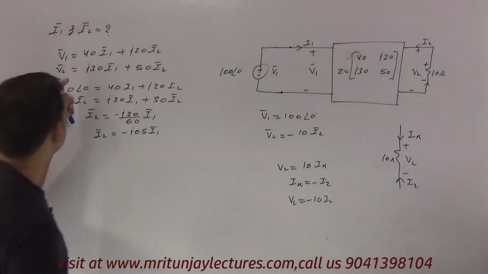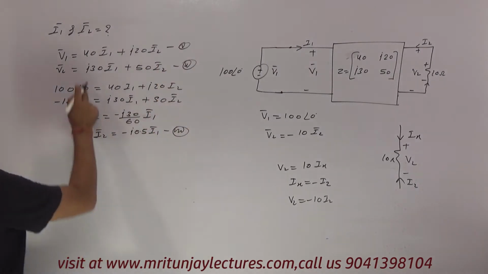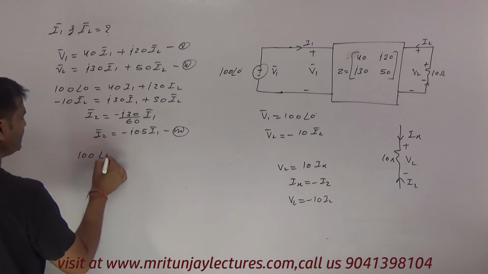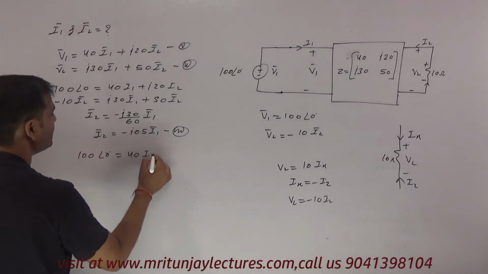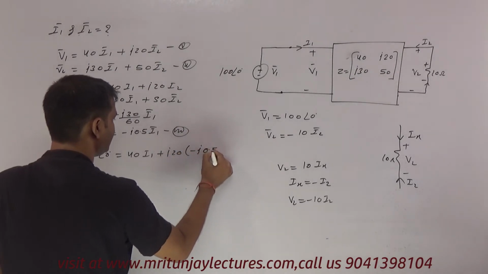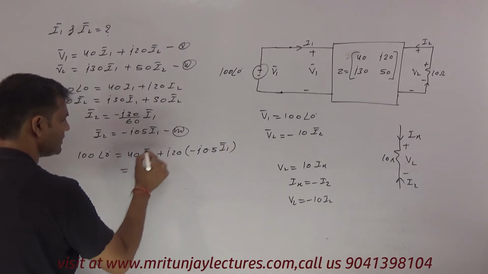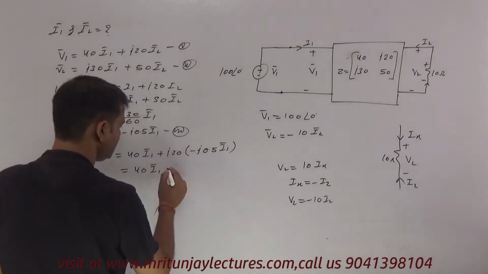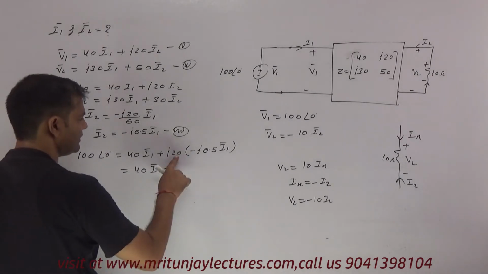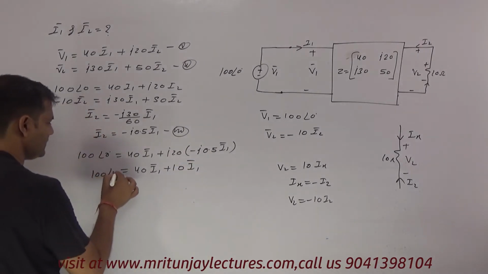Now if this value is put in equation number 1, that is 1, and that is 2, and that is 3. V1 equals 100 at the angle 0, which equals 40 I1 plus j20 times minus j0.5 I1. So 40 I1 plus j squared, that is minus 1, so plus 10 I1, equals 100 at the angle 0.